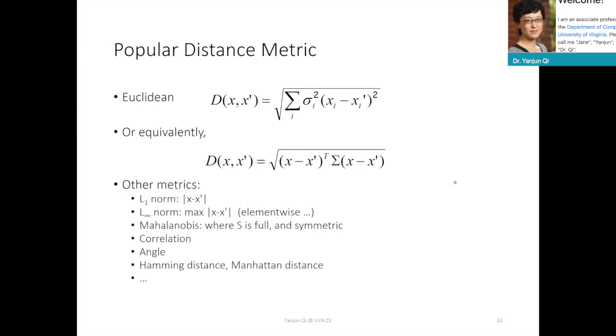There are also popular distance metrics like the L1 norm, L-inf norm, Mahalanobis-based distance, correlation, angle, and Hamming distance, especially Hamming distance. If you think about string search, we actually talked a lot about this, the string search, or maybe even the whole Google search, the vanilla version.